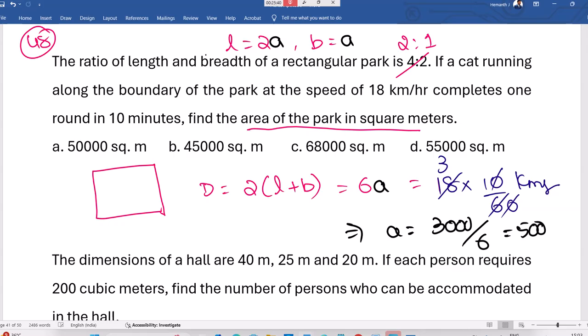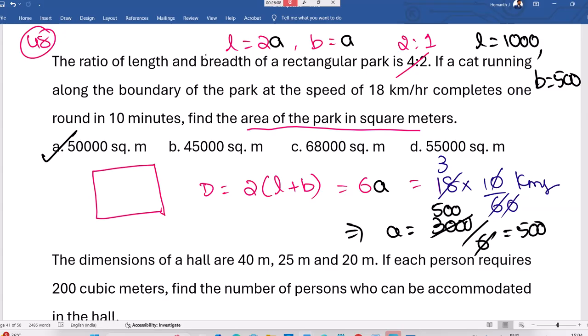So length is 1000, breadth is 500. What is the area, sir? Length into breadth. When your length is 1000, we got correct only, right? 500. Yes. Again, there is one more zero required in the options. Is it? 5 zeros required, right?